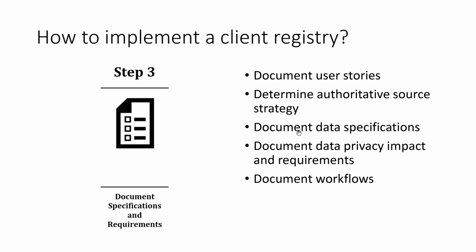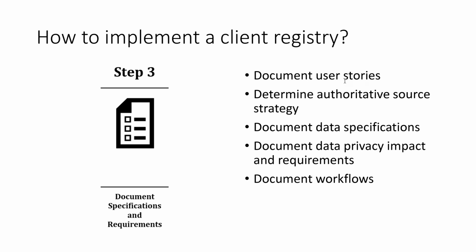Okay, next would be documenting specifications and requirements. A client registry should be responsive to users' needs and the local context. That's why we need to document our user stories. User stories and data specifications are two ways to describe what the client registry will achieve and how it should operate.